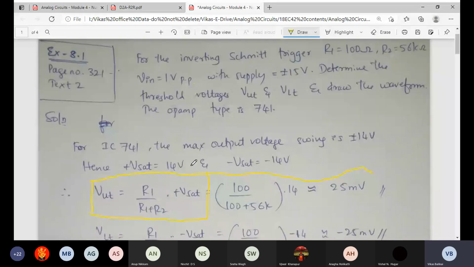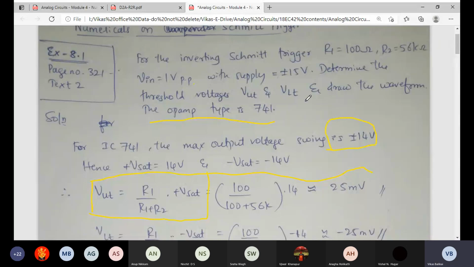What is important here is the last sentence, the op-amp type is 741. If he gives the op-amp type as 741, the IC 741's maximum output voltage swing is plus or minus 14 volt. So which means he has given the supply voltage as plus or minus 15 volt, but the maximum swing is 14 volt, because 741 has a maximum output voltage swing of plus or minus 14 volt.